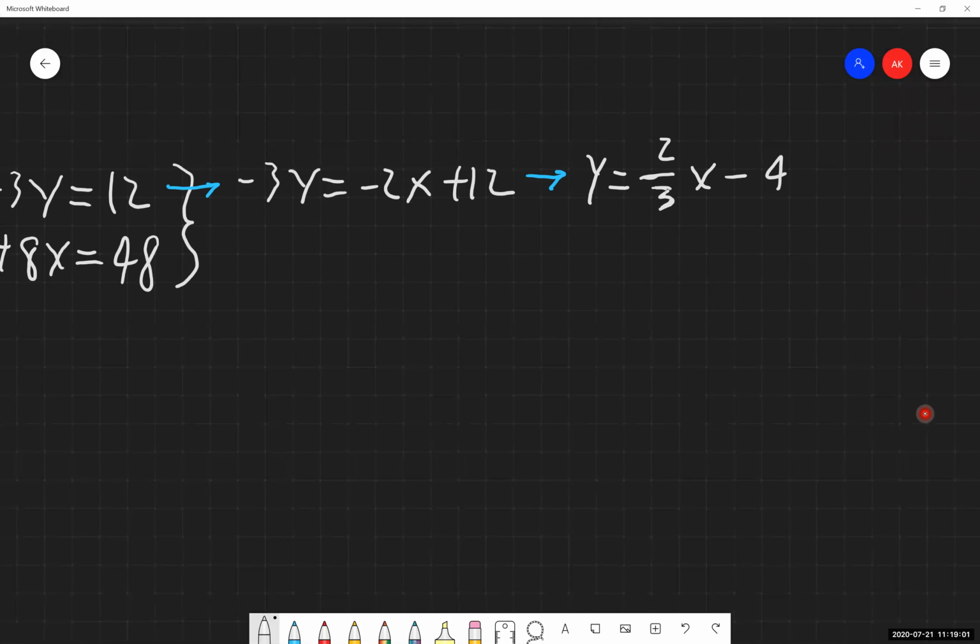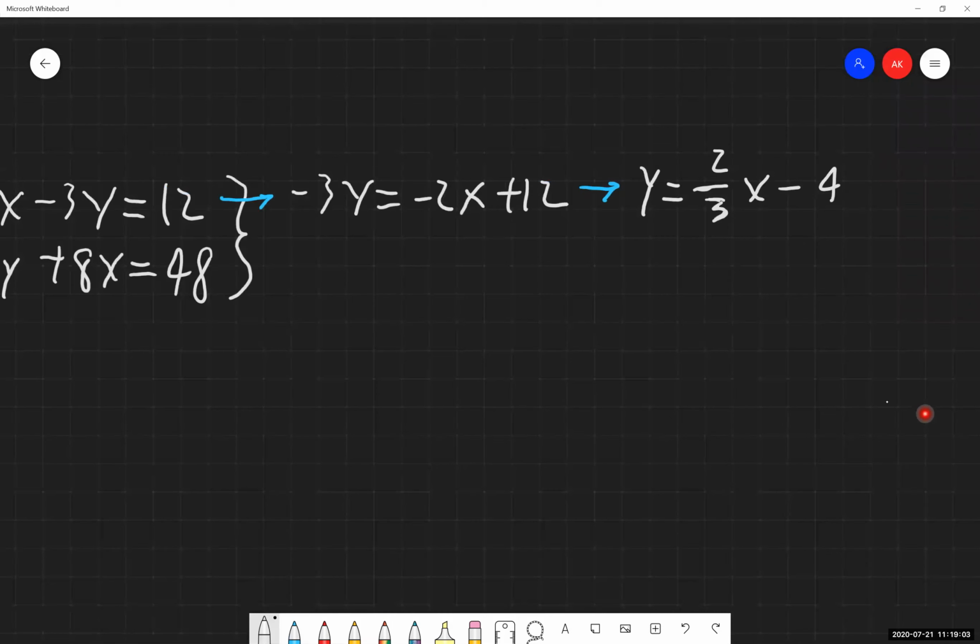Fractions are fine. They are not unheard of to show up in these types of problems. They're fairly normal in that regard. We get our equation that we have here. So now we have y equals a bunch of stuff. And now we're going to substitute that into our second equation for y.